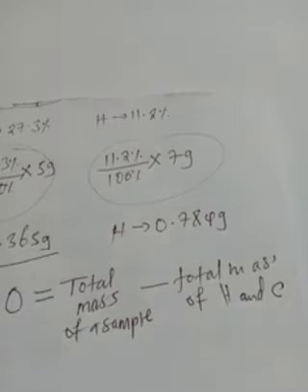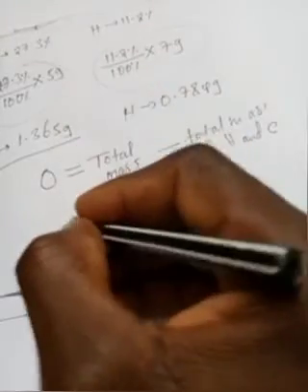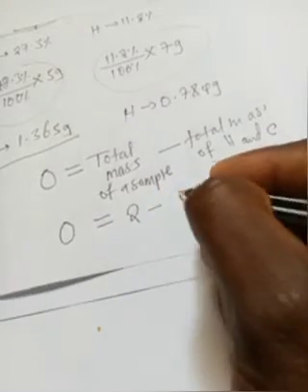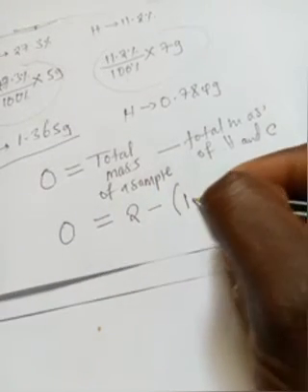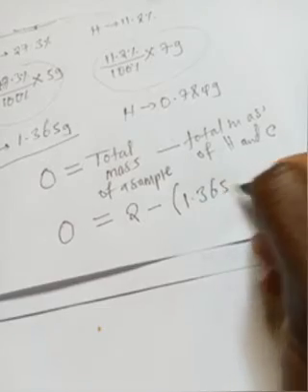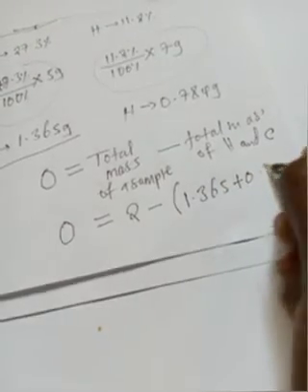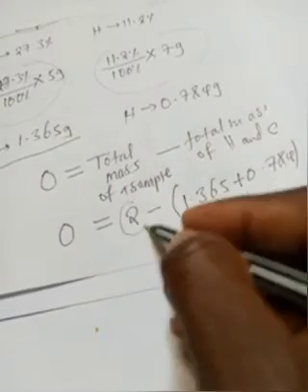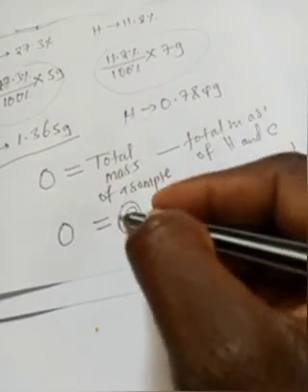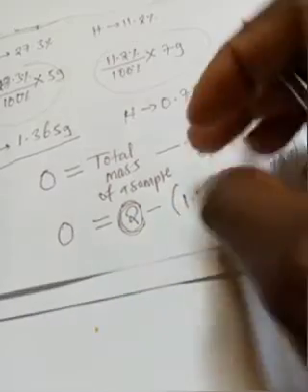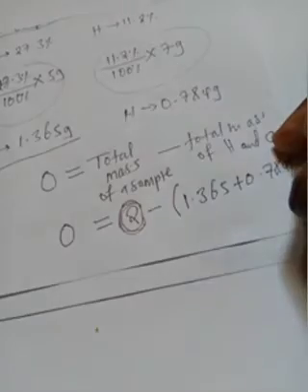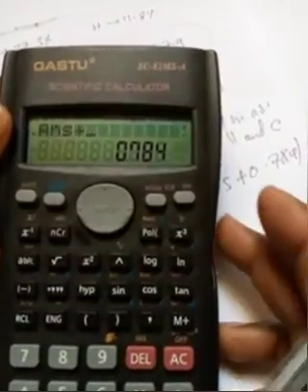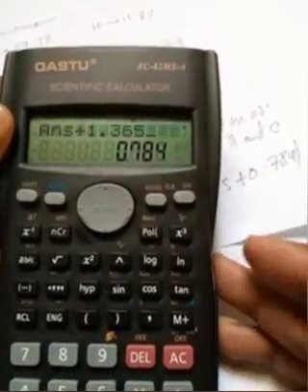So if we have 2 grams for the sample, we say O is equal to 2 minus, open bracket, 1.365 plus 0.784. Sometimes they can't give you a sample mass that is less than what you're going to get after adding. So if we add 1.365 and 0.784, what answer are you going to get?